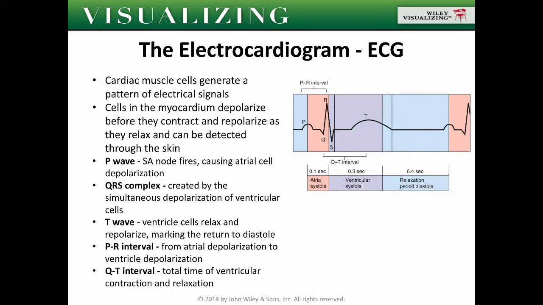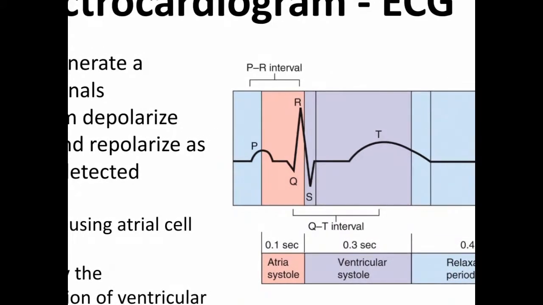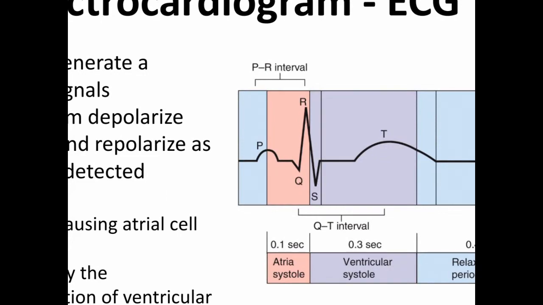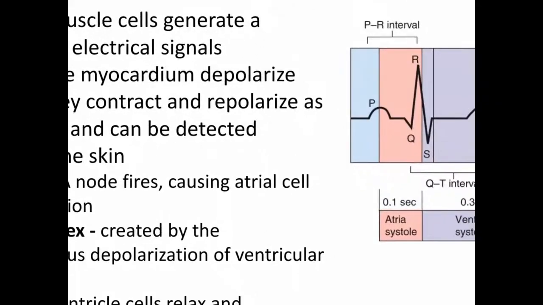Looking at the waveform closely, we actually label each part. I have the P wave, the QRS wave complex, and your T wave. So what are those?